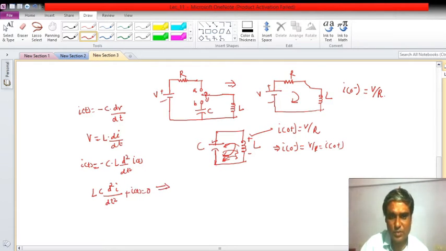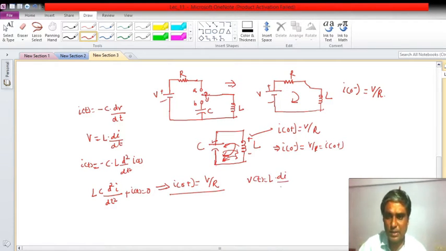And for this, what is the initial condition? I of 0 positive is equal to V by R, and I would like to calculate I prime. In order to calculate I prime, I will use V of t equal to L di by dt, and evaluate at t equal to 0 positive. So what will be V of 0 positive, or L I dash of 0 positive?